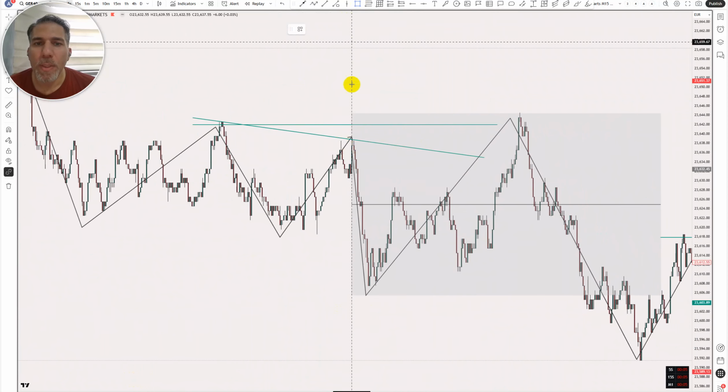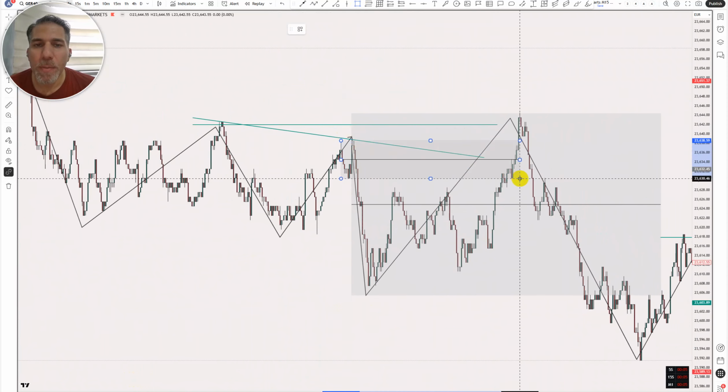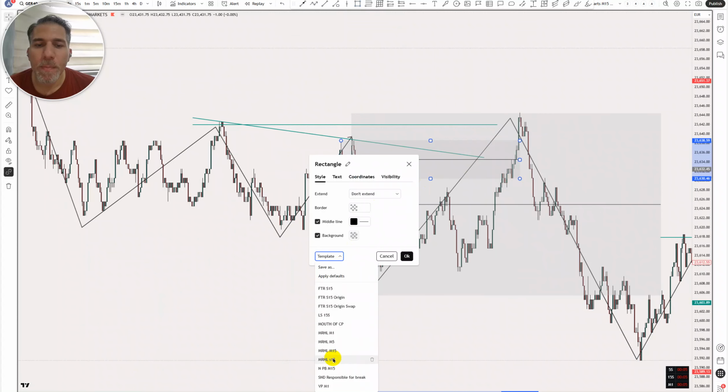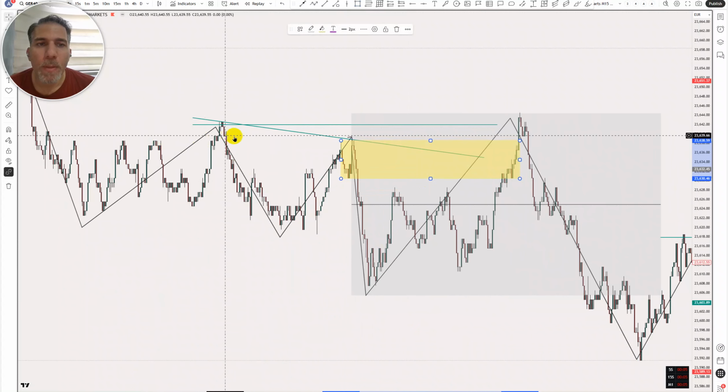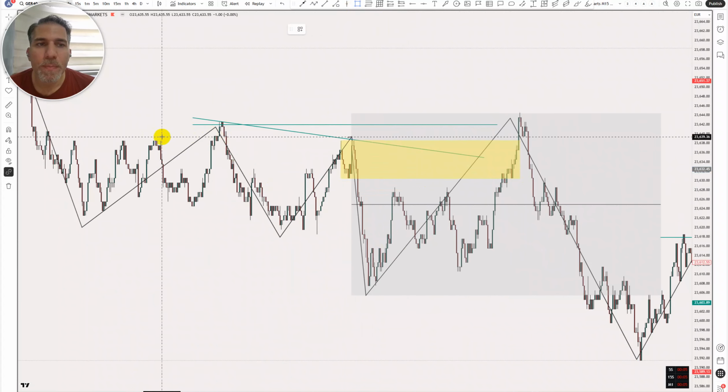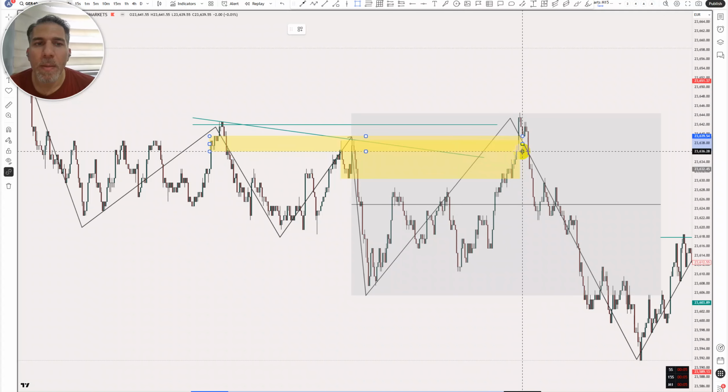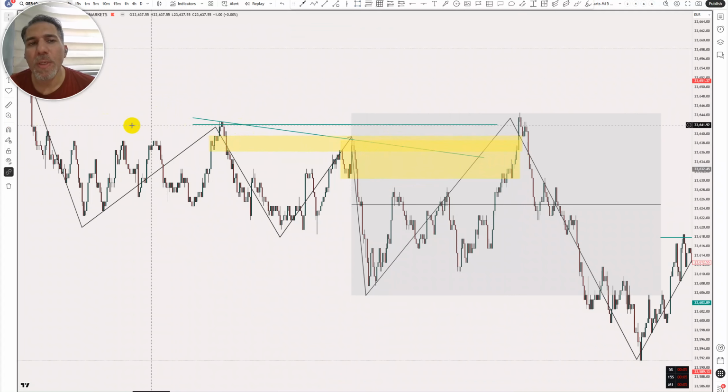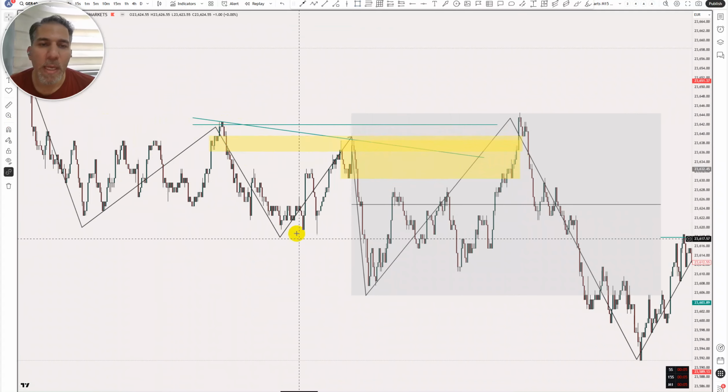So you could consider this a left shoulder, or these left shoulders. Let's say this one is overlapping, this one or this one. Here, because we have sellers up there, now they're driving the market down.